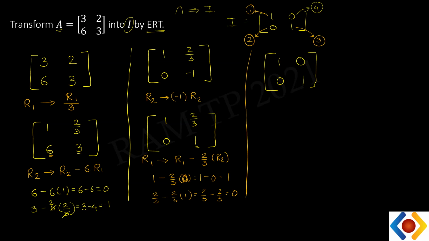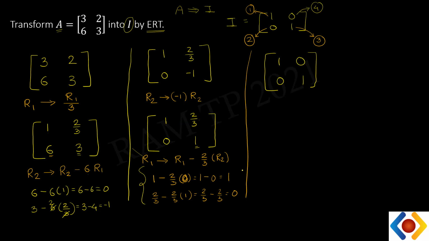See, once you become comfortable with these steps, I don't even expect you to write these things. If you are very good at calculation, you write the values directly. But believe me, you will make a lot of mistakes when we actually solve the problem. So maybe it's wise to write these things initially till the time you become confident with that.